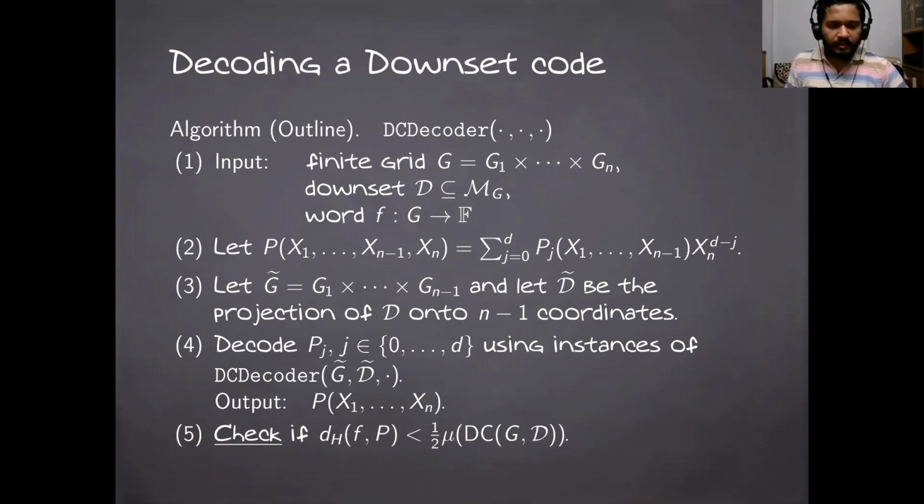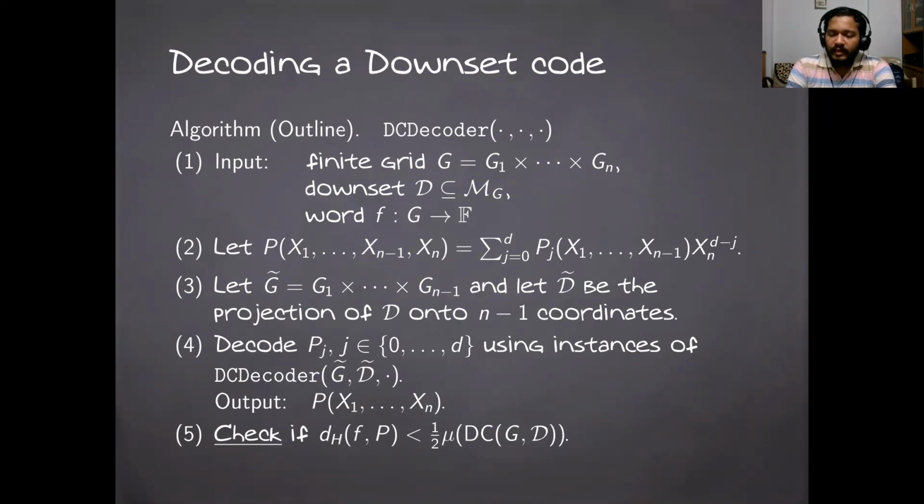Instead, let me point out the last step of this. Once you receive the polynomial, what is the guarantee that it's going to represent the received word correctly? The theorem only says that as long as the received word is close enough to a code word, the output is correct. But a priori, we don't know if the received word is close enough. So we make a check at the end of the algorithm.